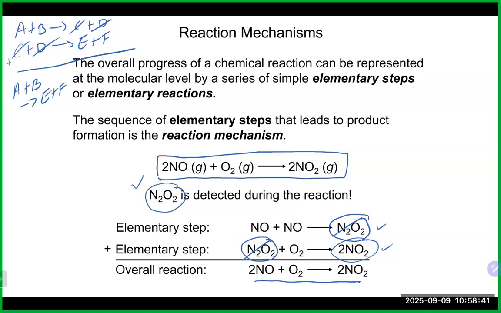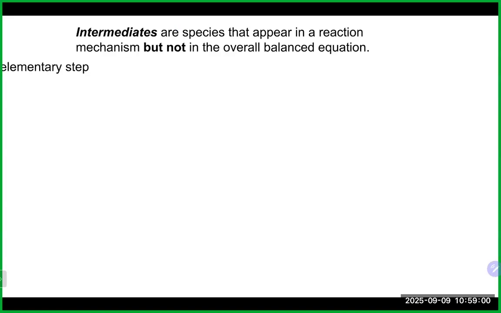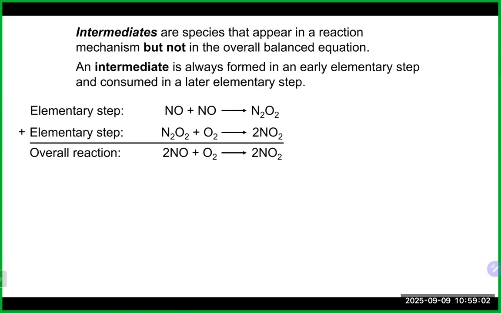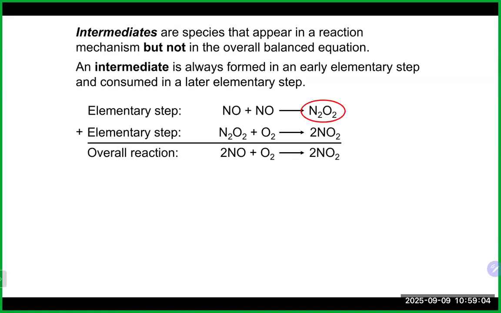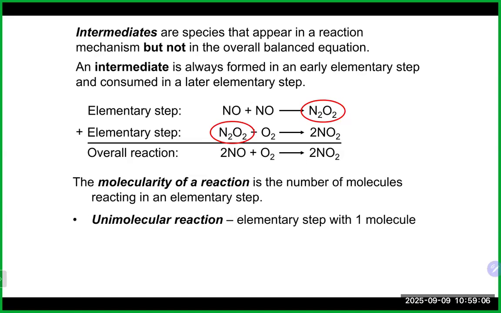So these elementary steps may form processes along the way, and these series of reaction steps may form sort of species that basically appear and then disappear by the end of the reaction, which again is why it's not part of the overall reaction that is essentially happening here. And that is the important thing, that it cannot be, for example, present in the overall reaction.